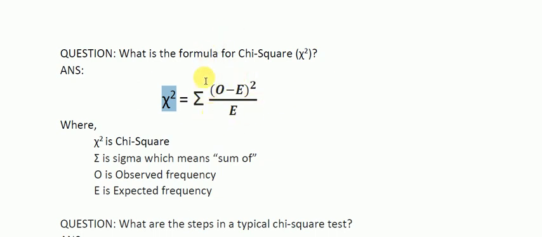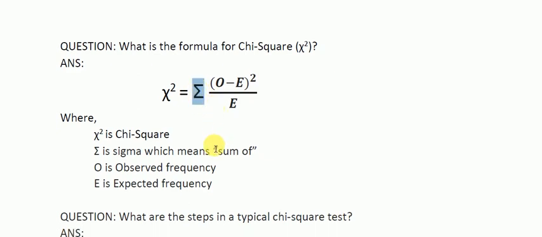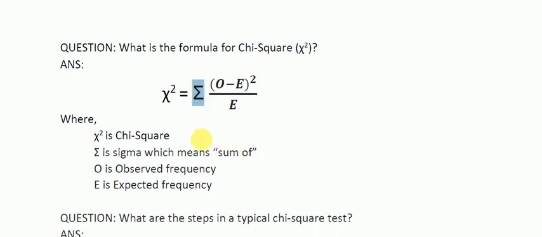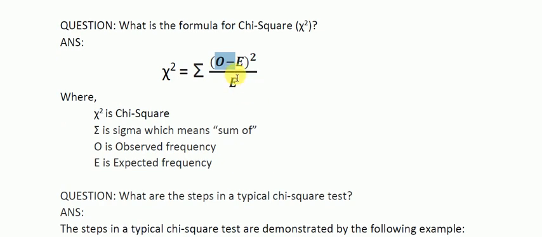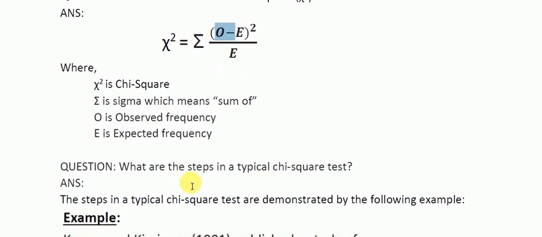We'll calculate this thing for various sets of data, and then we'll add them together following the command of this symbol. This is sigma, which means sum of. Then O is the observed frequency, and E is the expected frequency. Then we take a whole square and divide it by E. So this is the formula for the chi-square test.